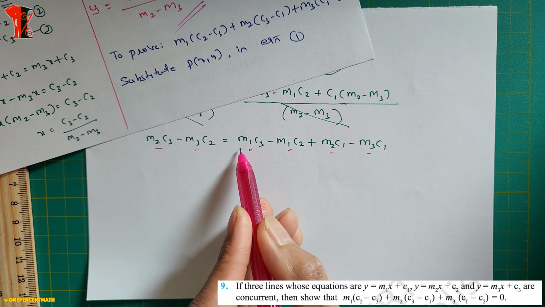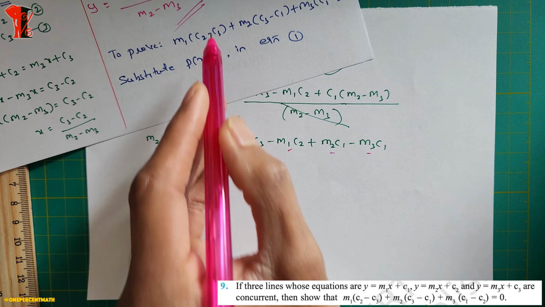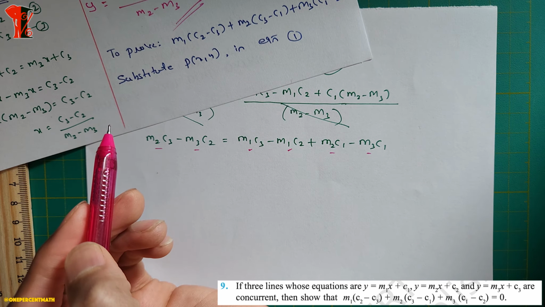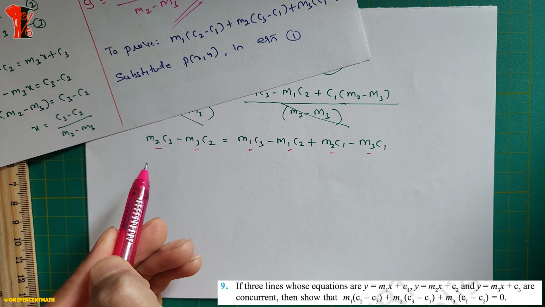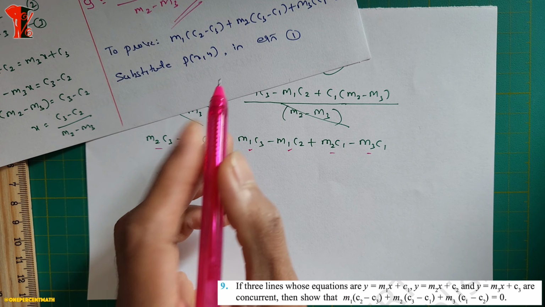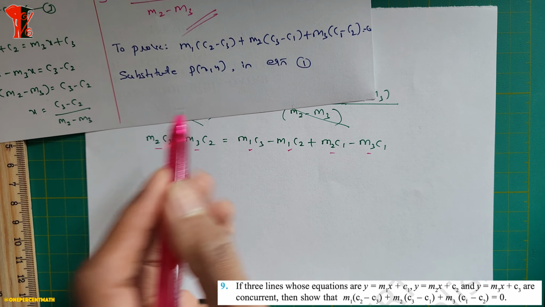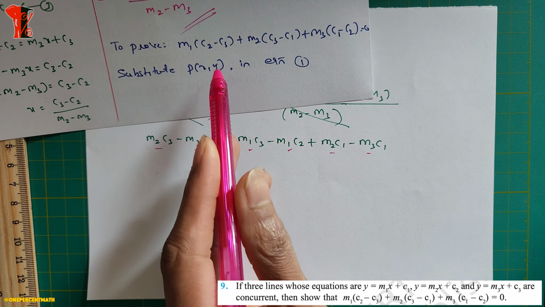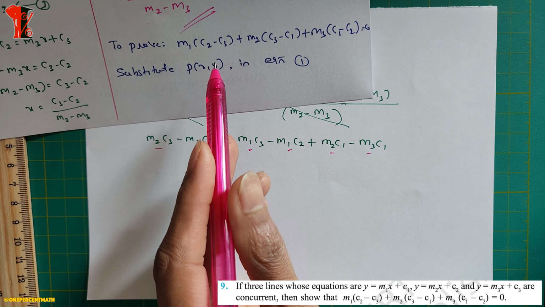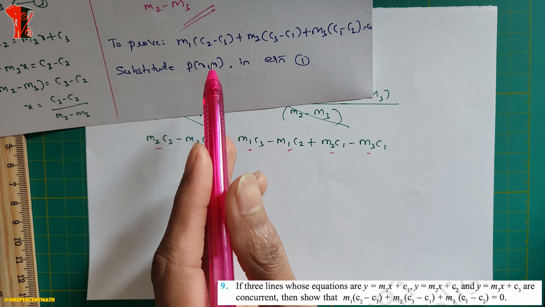Here if I take m1 common, it is c3 minus c2, but I want c2 minus c3. That means I need to take everything to the other side. Now it's very clear, so let us do that.